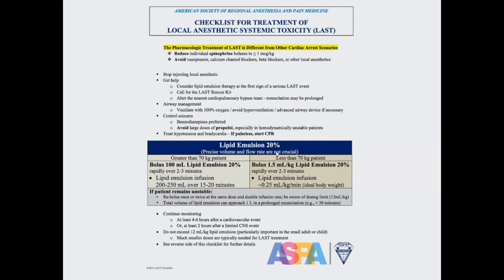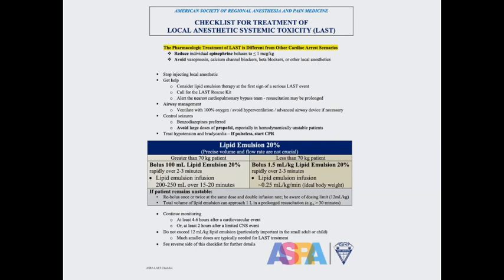The treatment that has to be done in the last resort is to give the patient lipid emulsion: 20% intralipid. It's an emulsion used normally for parenteral nutrition, a fatty emulsion, where we use it as a source of lipids.